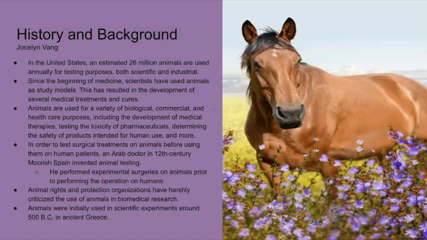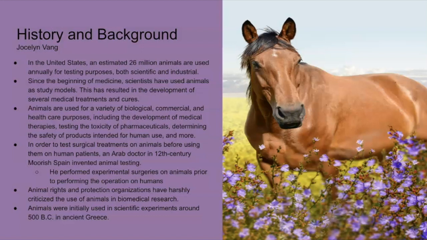Animals are used for a variety of biological, commercial, and healthcare purposes, including the development of medical therapies, testing the toxicity of pharmaceuticals, determining the safety of products intended for human use, and more.